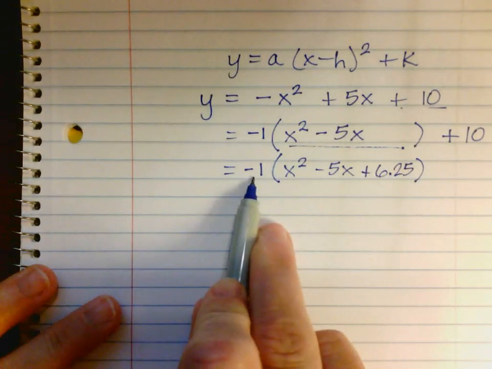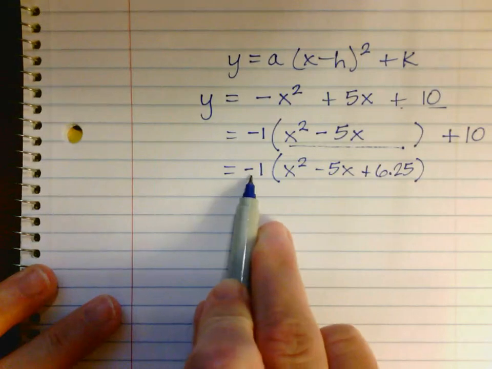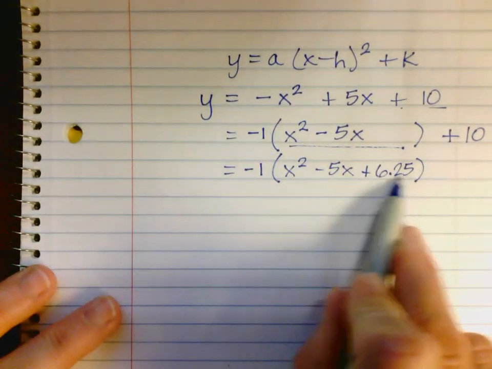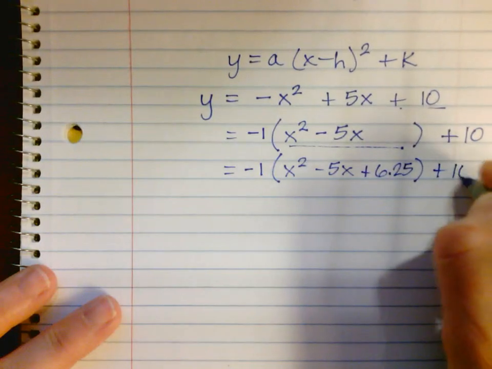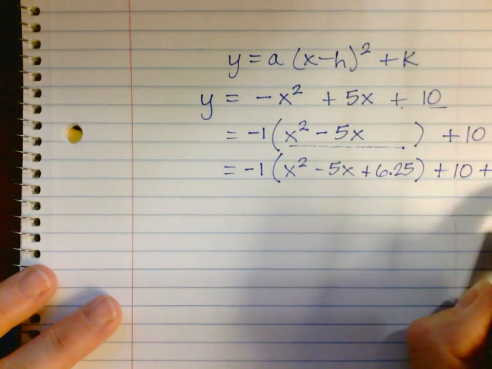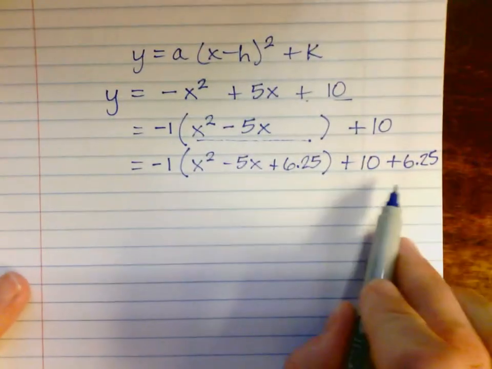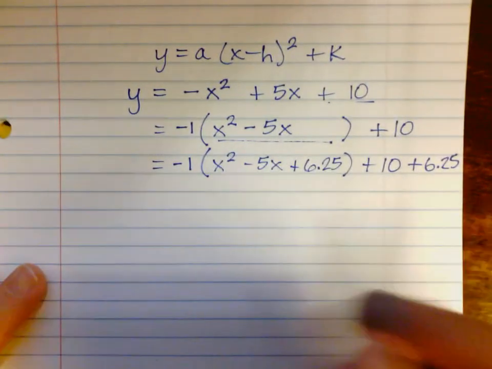Big picture, we're not just adding 6.25 to complete the square. We're actually subtracting 6.25. So since I subtracted 6.25 there, I'm going to add 6.25 on the outside of the parentheses, to keep it balanced.